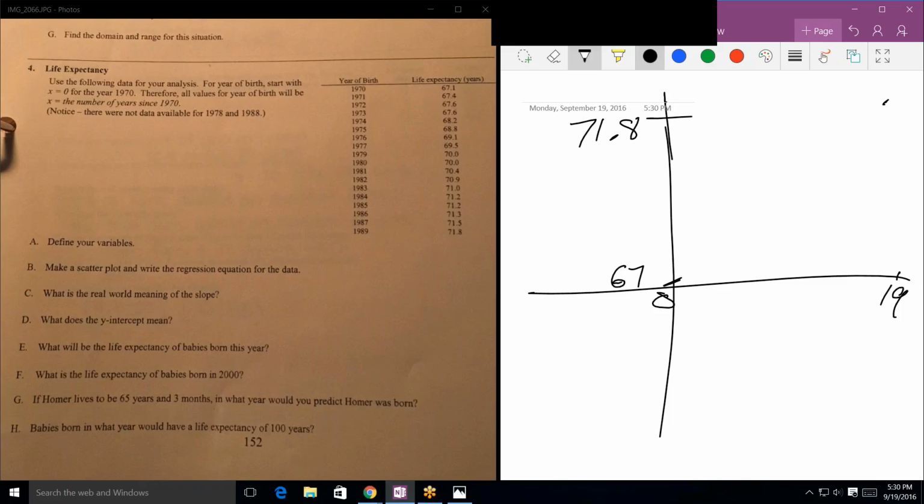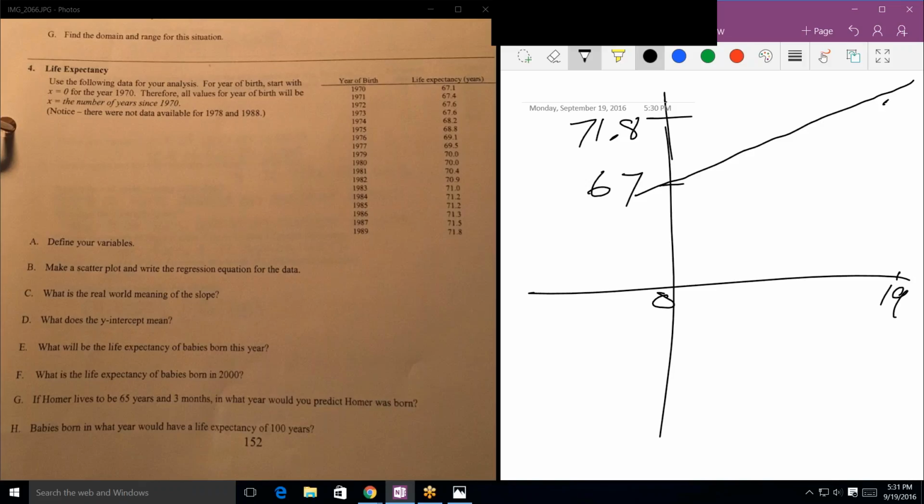I don't really need to label the grid like that. Let me do that a little differently. I could put 67 up here. And then what the line is going to do is this. At 0 years since 1970, you're going to live to 67. But if you were born in 1989, you figure your life expectancy, you're going to live to 72.